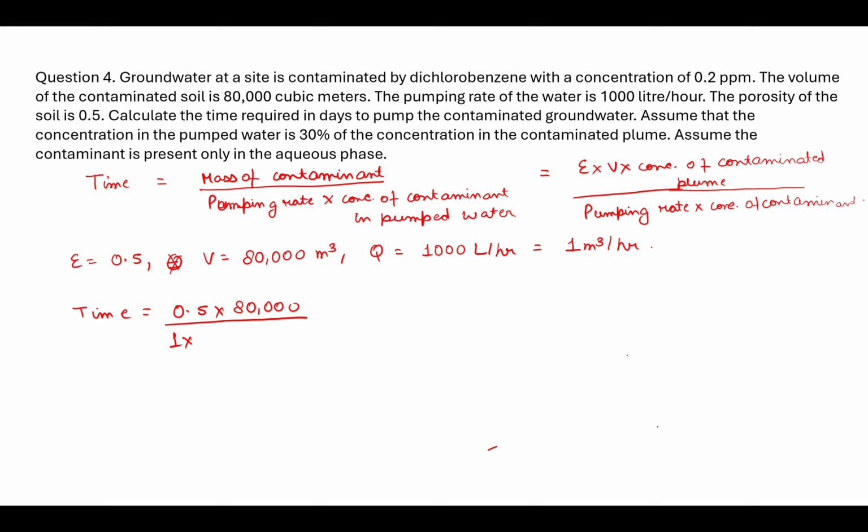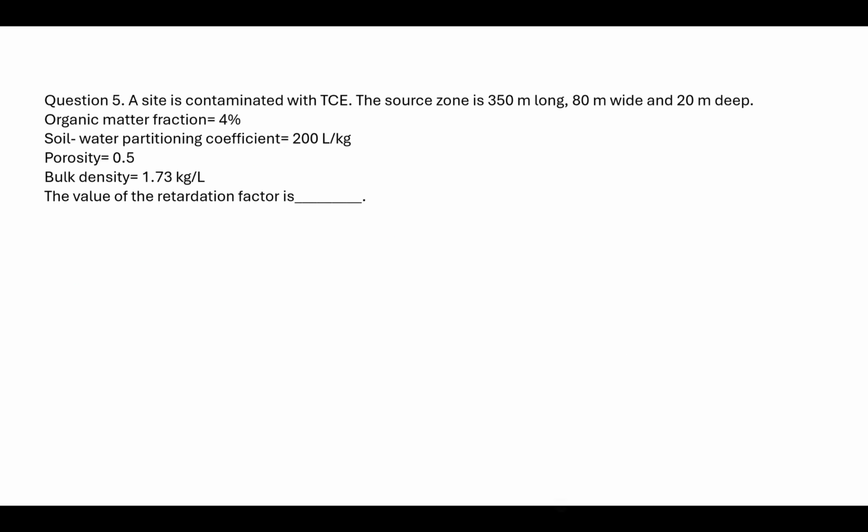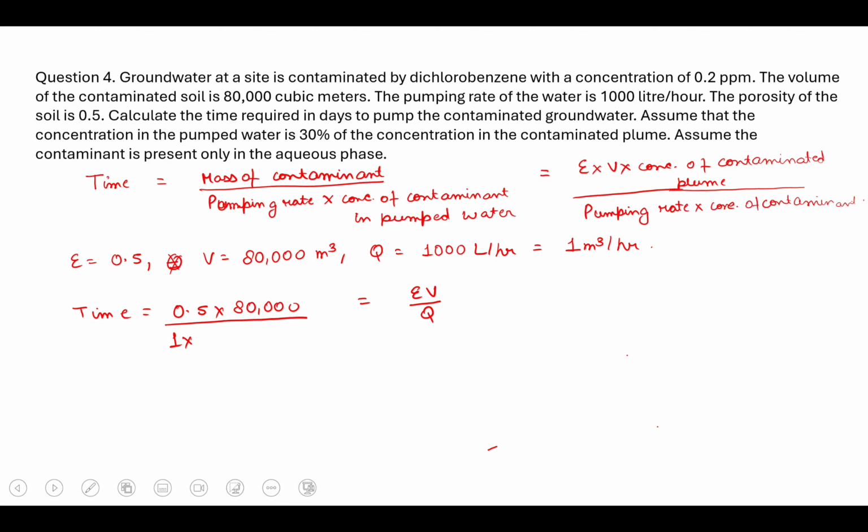So the time required will be epsilon V by Q. So we have 80,000 divided by 1, and one statement is given that assume that the concentration in the pumped water is 30% of the concentration in the contaminated plume.